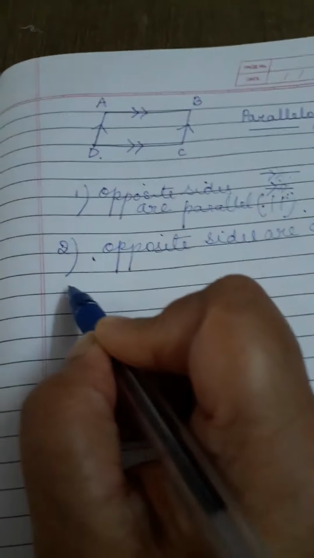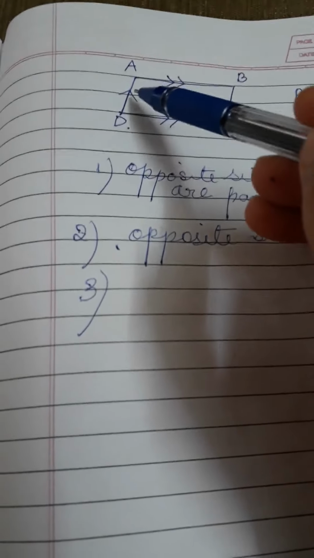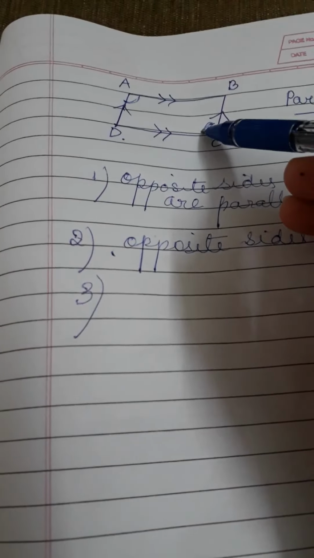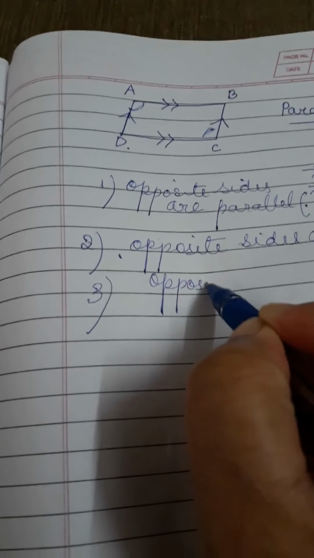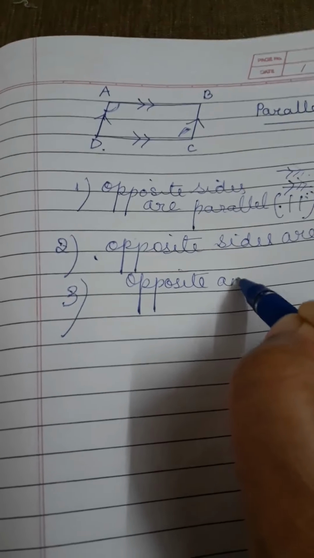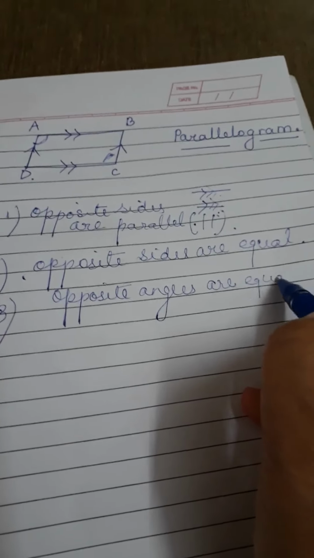Two properties done. Then opposite angles. Angle A and angle C are equal. Opposite angles are equal.